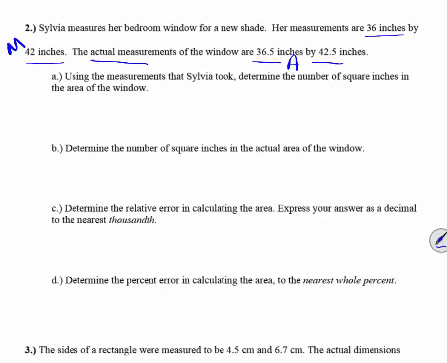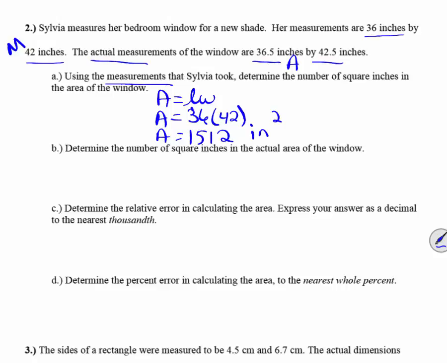So area equals length times width. So we have 36 by 42. So 36 times 42 is going to give me 1,512 inches squared.